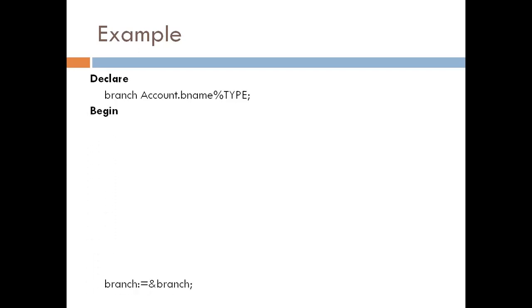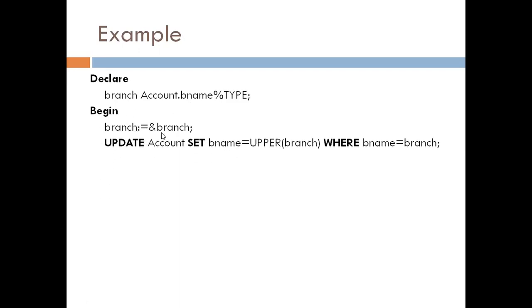Now in begin section, we are taking value for the branch variable from the user side. Now for converting this branch into uppercase letter, we are using update operation. So update account set. Here we are setting a new value, upper of branch, where bname is equal to branch.